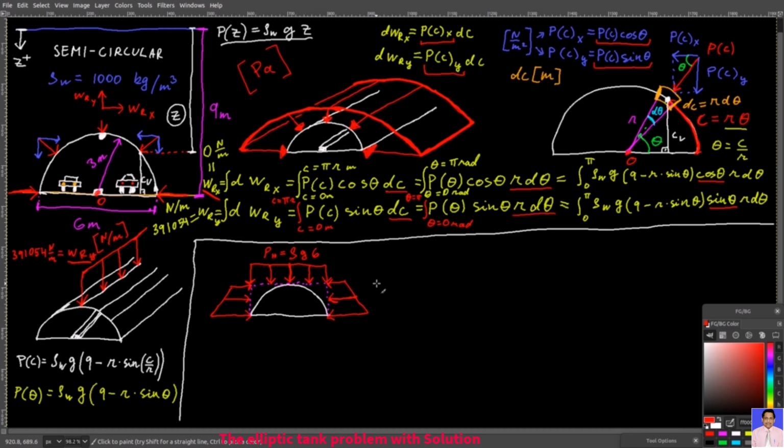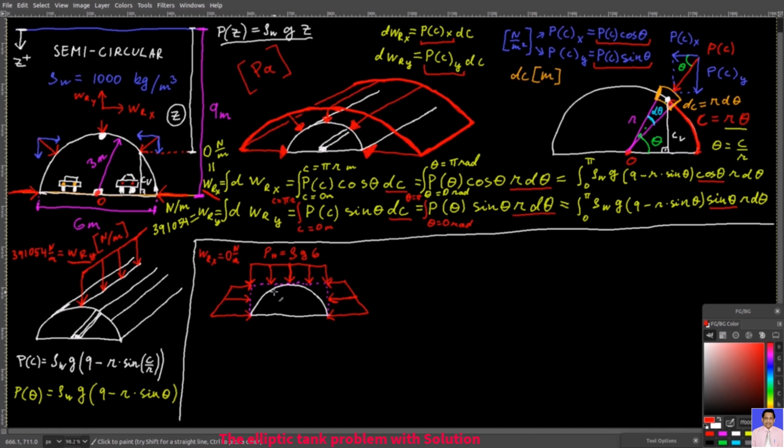On the sides you have two equal pressure distributions that are opposite to each other, and therefore you can see that they simply cancel each other out. Because of that, you already know that WRX equals 0 newtons over meter, because this side is cancelled out by this side.